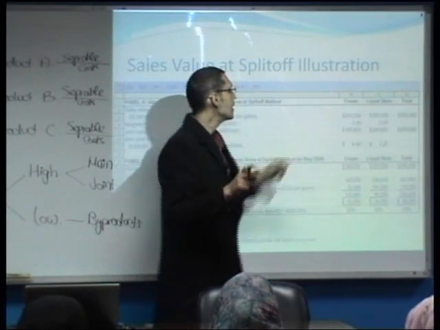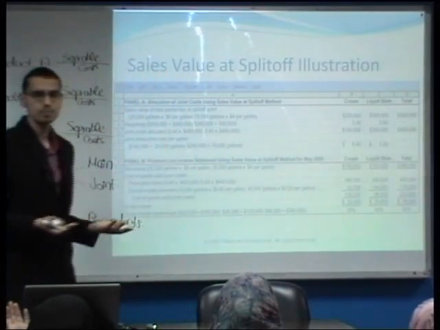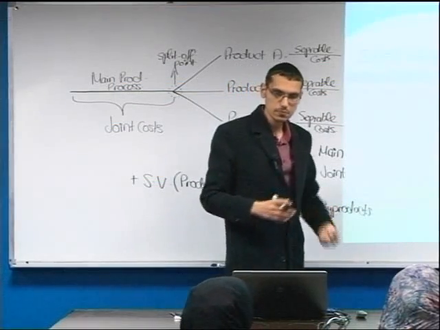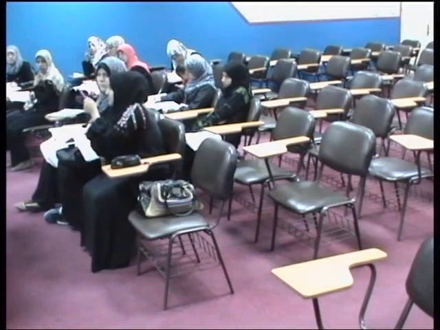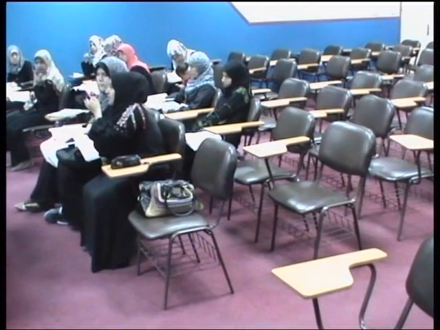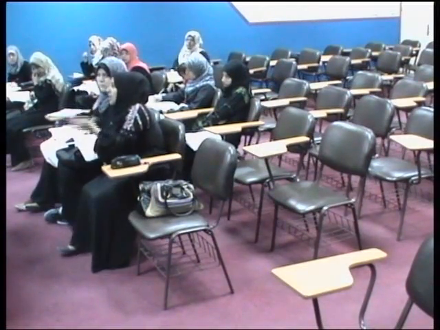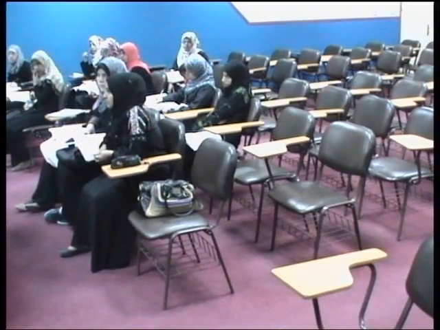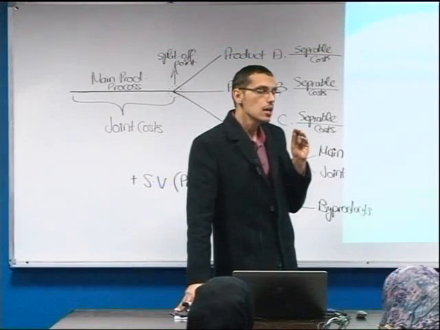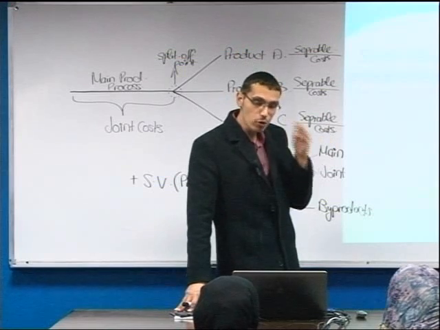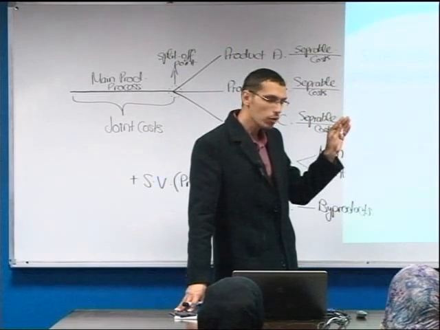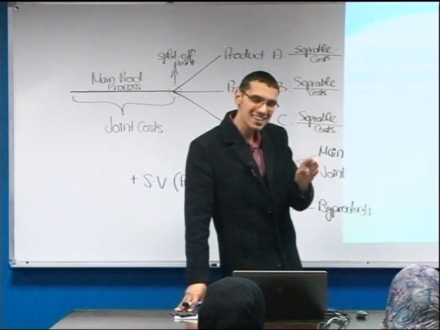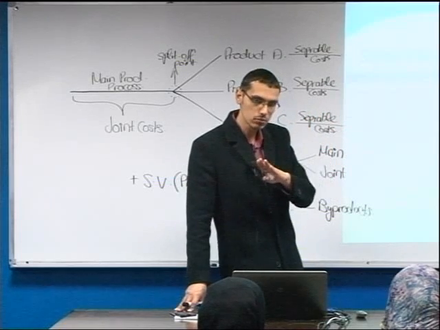Always. Now, let us allocate. Yes? How could we decide now, after we know the sales of each one from the total sales, whether it's high or not? Before the allocation of these joint costs, we need to designate whether it is high or low.